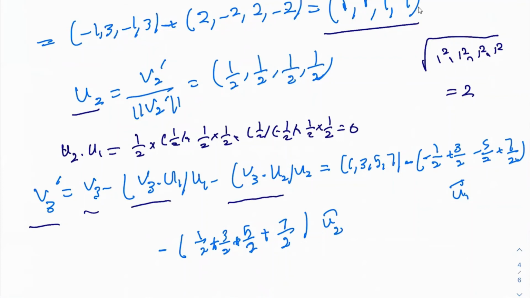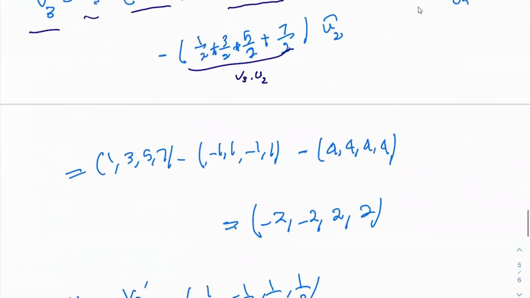This is V3, this is the dot product of V3 and U1, and this is the dot product of V3 and U2.